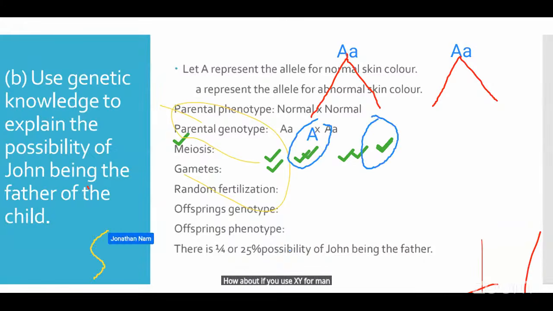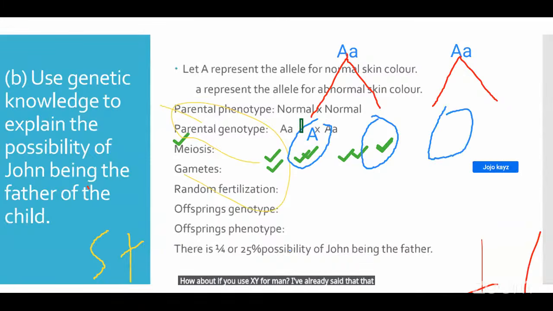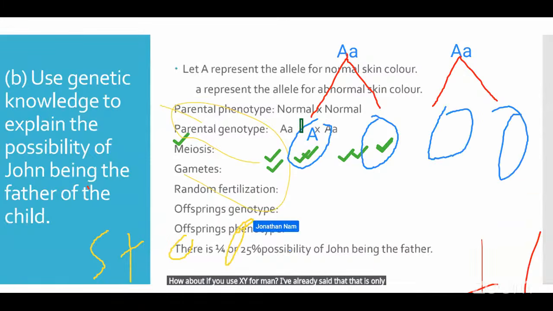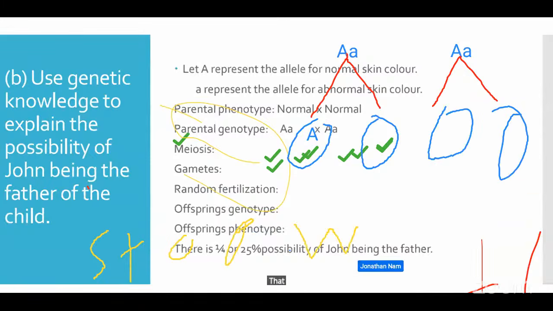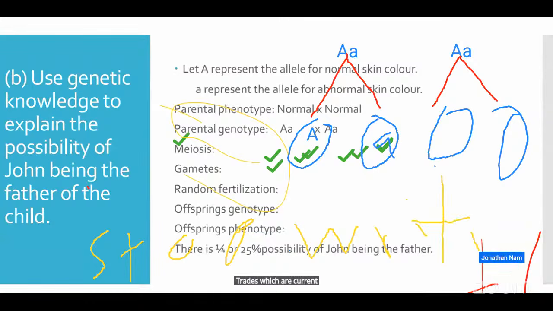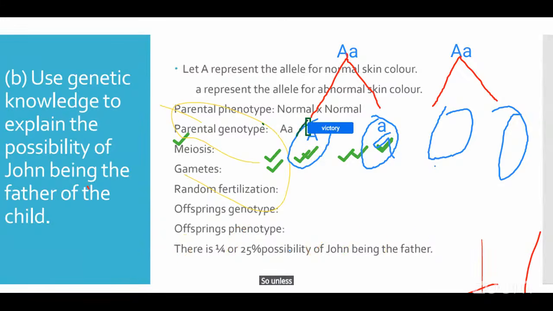I've already said that that is only for the traits which are carried on the X chromosome. And I've said there we only have hemophilia and color blindness for the syllabus we follow.